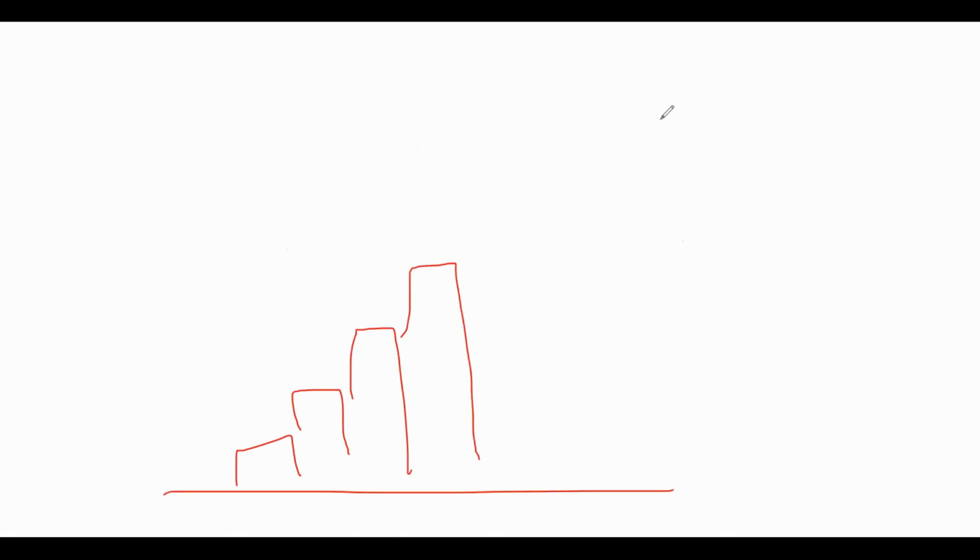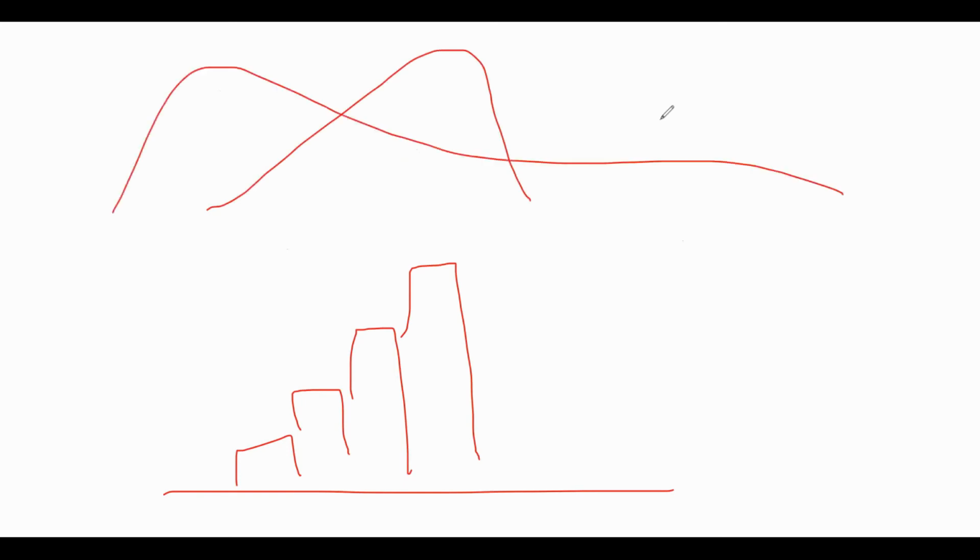Let me just draw a nicer picture. Now this is your histogram. Let's just make a funny one. It looks like this. And these are your candidates. From the point of view of this data point, which one is more likely?